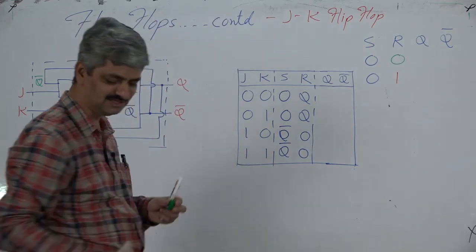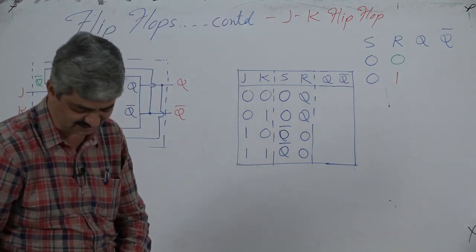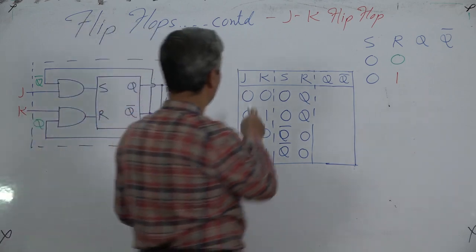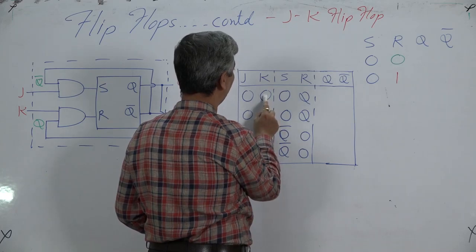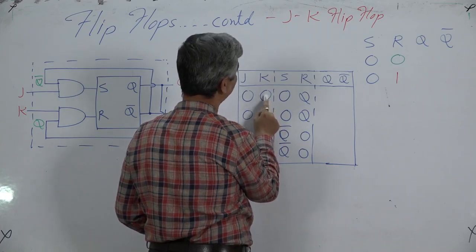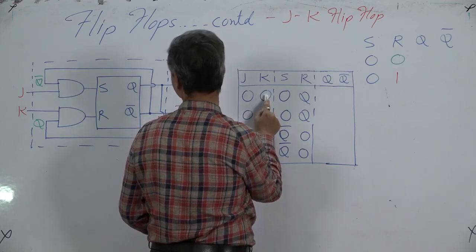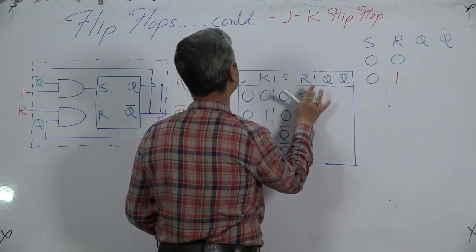What is the mistake? In a rush, when J was 0, S is 0.